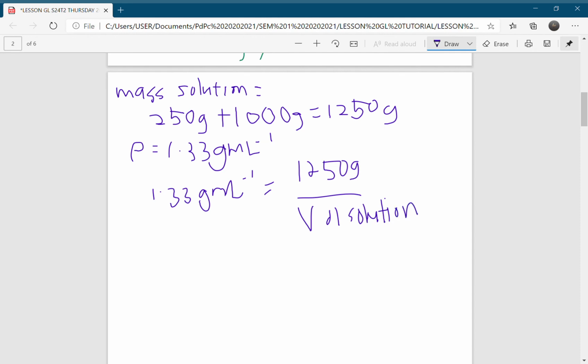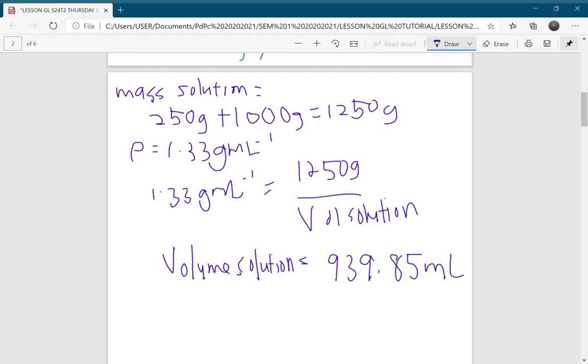So we can find the target, the volume of solution, is equal to 939.85 ml.